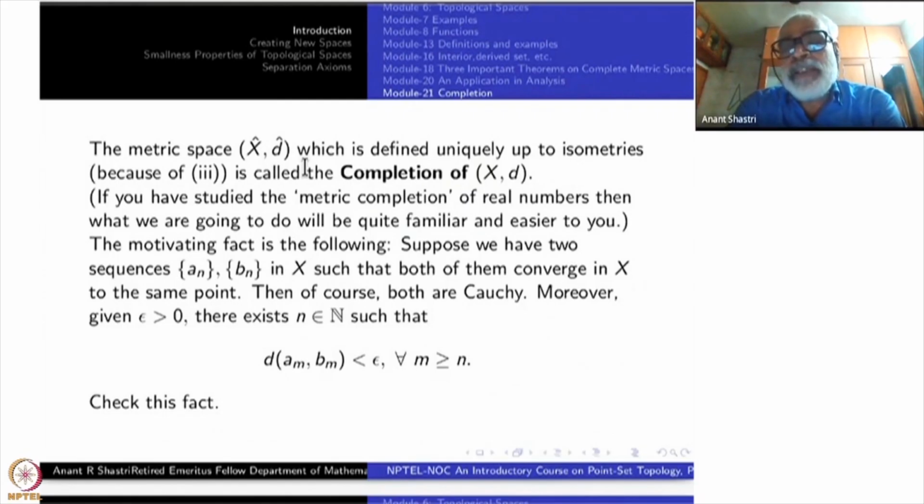The metric completion of R starting with Q is exactly like this in the first half, and then there is more work to do there. Here we have less work to do.